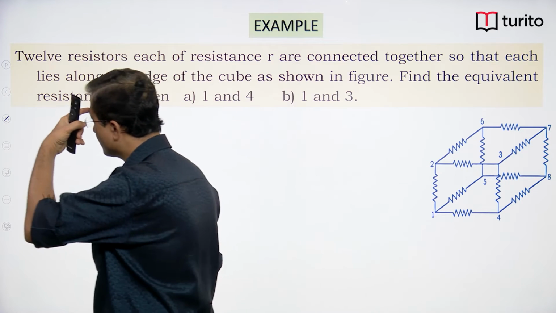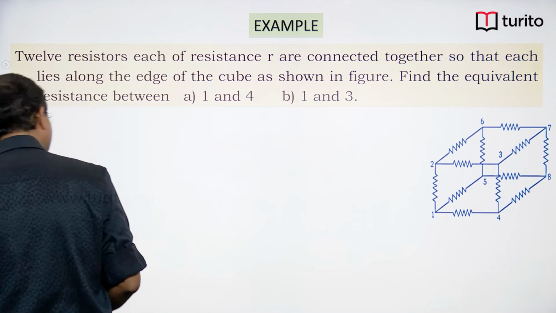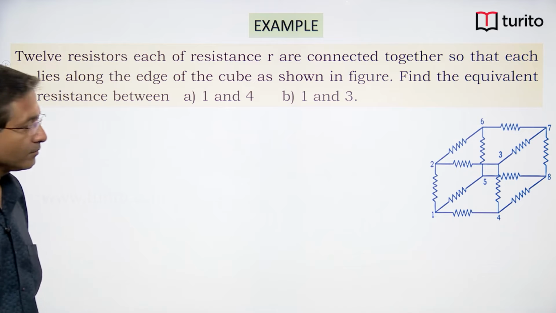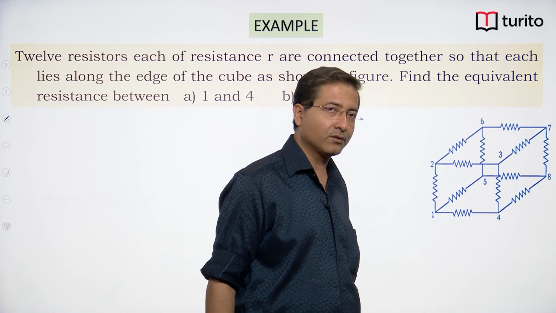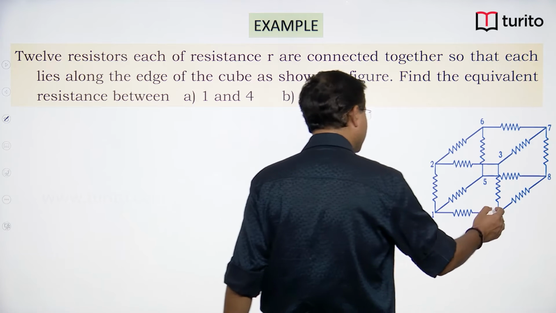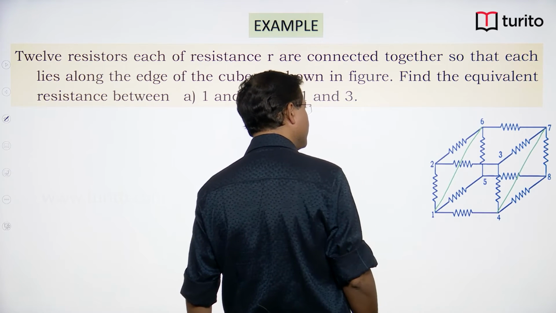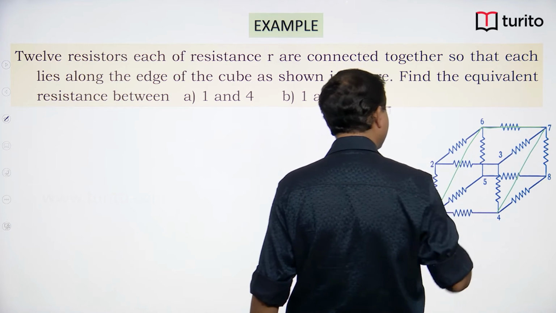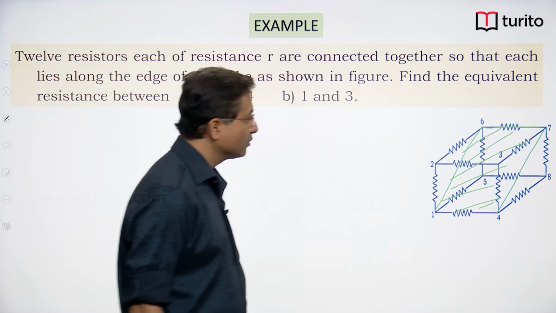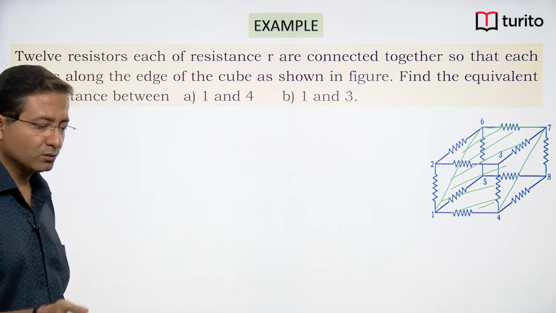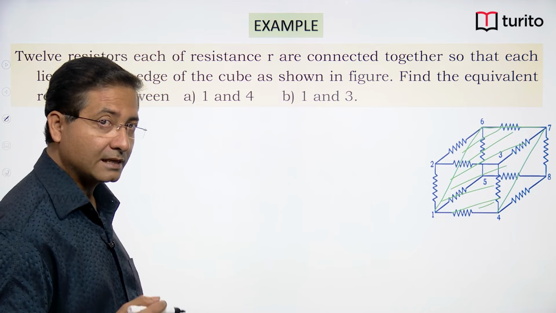So across 1 and 4, I can see if you make a plane pass through 1 and 4, it can divide the whole circuit into 2 halves. If this is the way we have the plane, joining two diagonally opposite edges.